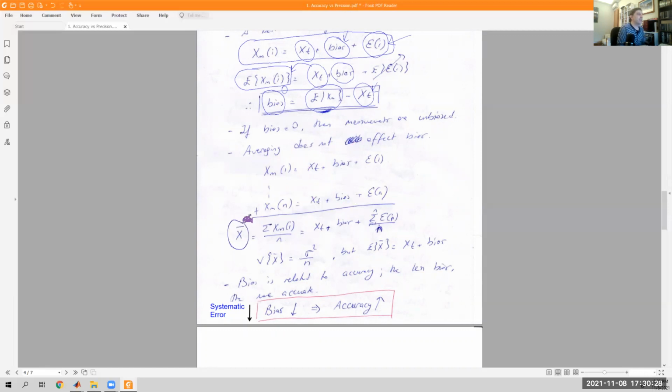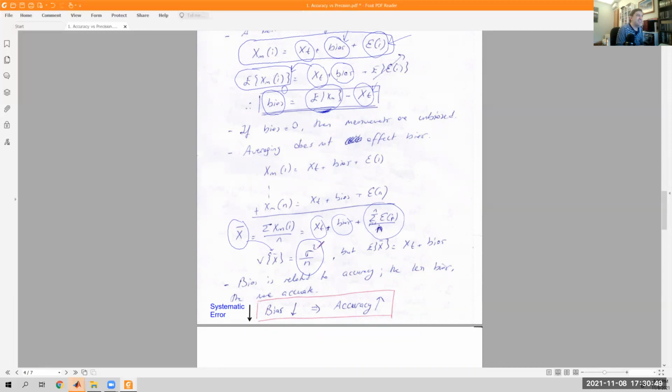Then the average value is going to be equal to the true value plus bias plus variance term. Now, the variance of x bar is still equal to sigma squared over n. Therefore, averaging has worked again for this case, and we decrease the random error terms.